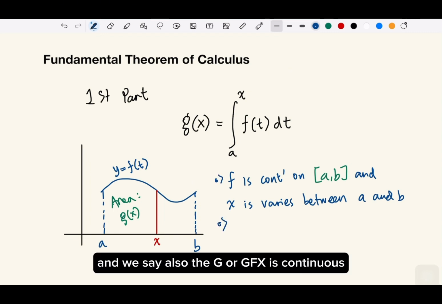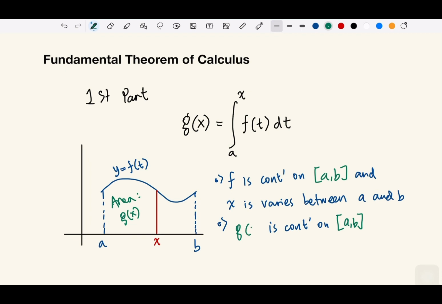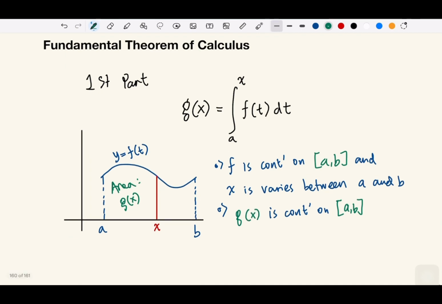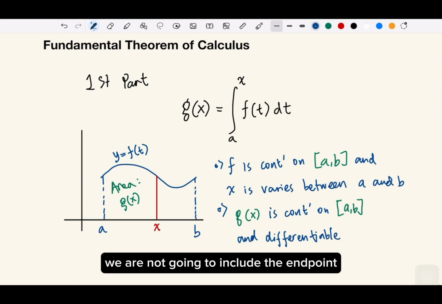And we say also the g, or g of x, is continuous on [a, b], or maybe let's write with the green, and differentiable. Remember, if we are talking about differentiable, we are not going to include the endpoint, so we need to write the interval with the open bracket like this. Okay.